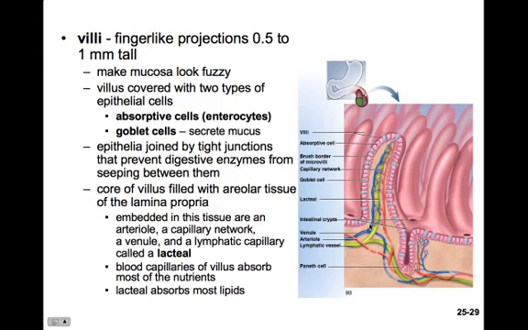Within this areolar tissue, we'll see an arteriole, we'll see that spread into a capillary network and exit through a venule. We'll also see a lacteal up into each villus. The blood capillaries of the villus are going to absorb most of the nutrients, and the lacteal will take most of the lipids. As we observed before, it will create sort of a milky looking substance in the lacteals because it's predominantly fat.